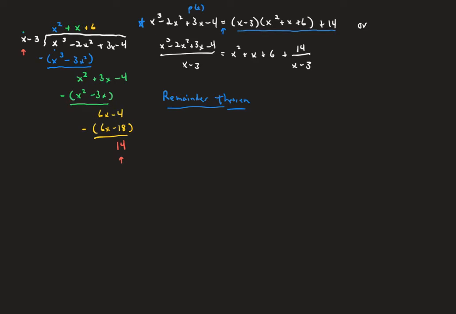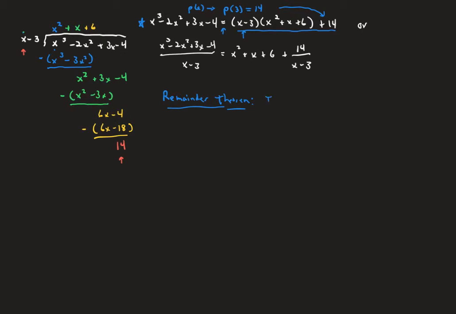So if we were to evaluate this p of x at 3, that is what would make this divisor 0, p of 3, then 3 minus 3 is 0. That would wipe out all of this stuff, and it would be 14. Now that 14, remember, came from the remainder. So our remainder theorem takes note of that fact. That's not a coincidence. That's going to be true all the time.